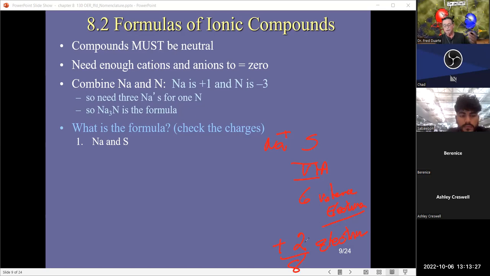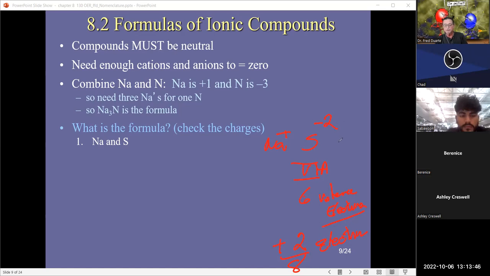Gaining 2 electrons now means that I had sulfur that had 16 protons and 16 electrons. Now it has 16 protons and 18 electrons, resulting in a net -2 charge for the ion.